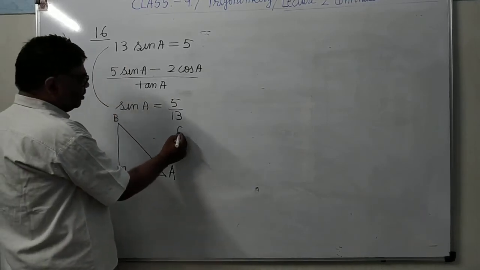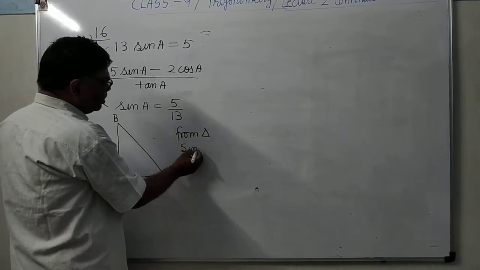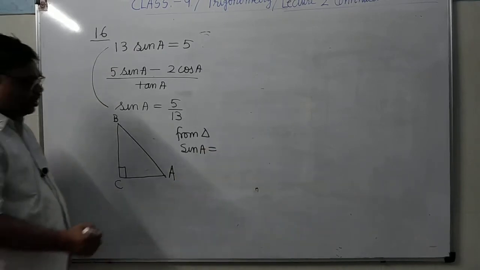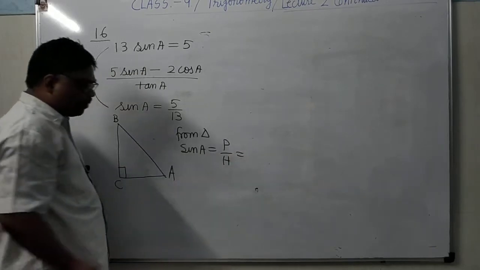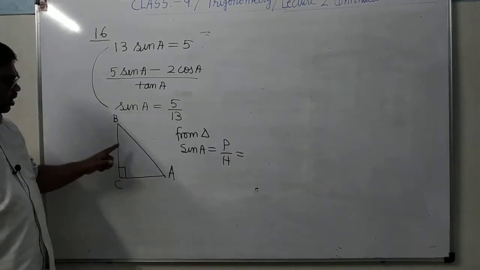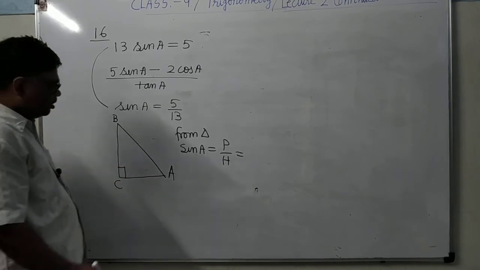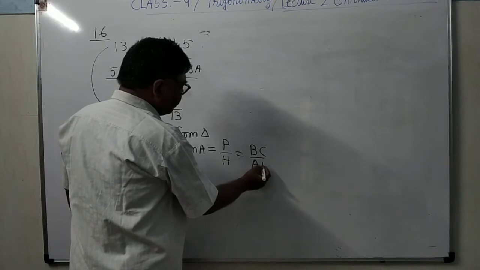Now find sine of angle A from the triangle. What will be sine A? It is perpendicular upon hypotenuse. What is perpendicular here? Perpendicular is BC. Hypotenuse is AB. So it is BC upon AB.